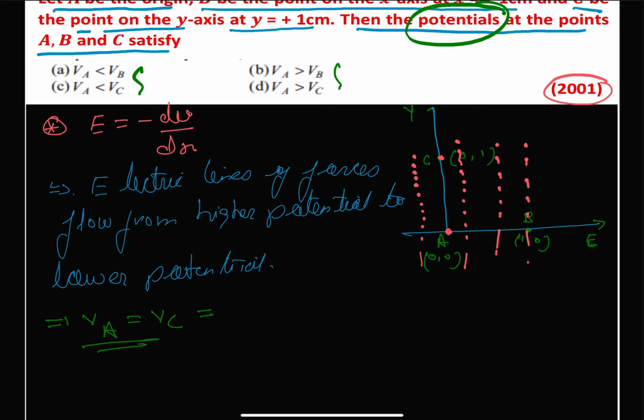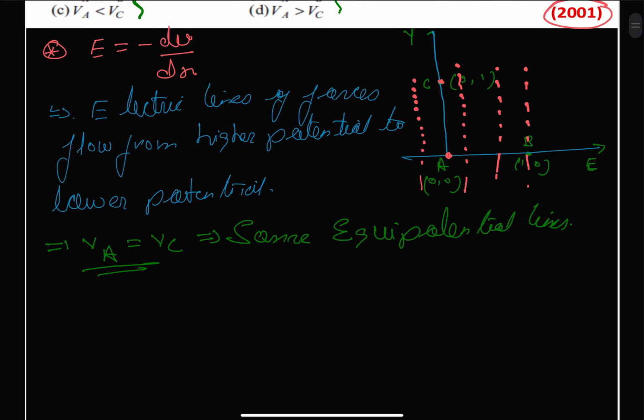And this is the same equipotential line. And we can also say that our VA will be greater than our VB.